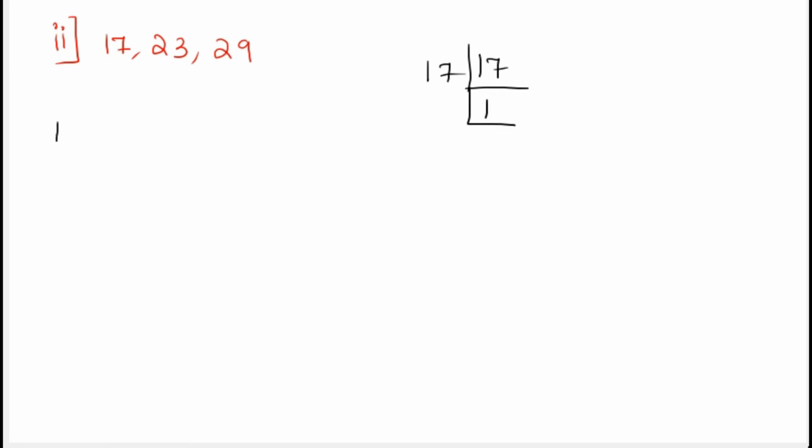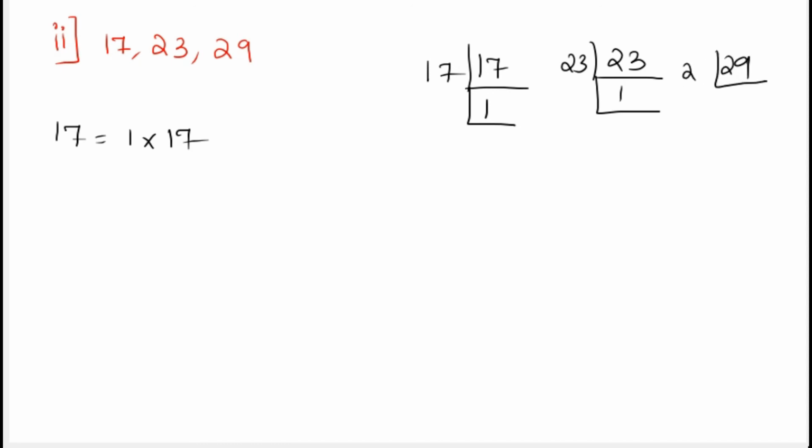So 17 के factors मिल गए 1 and 17. 23 is also a prime number, so it is divisible by 23 itself. 29 is also a prime number, it is divisible by 29 itself. So 23 equals 1 multiplied by 23 and 29 equals 1 multiplied by 29.